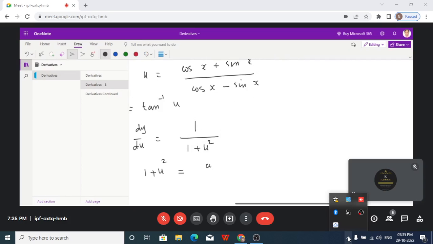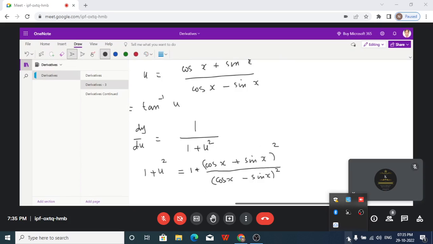Then we can reverse it. 1 plus (cos x plus sin x)... Sir, the answer comes to 2?